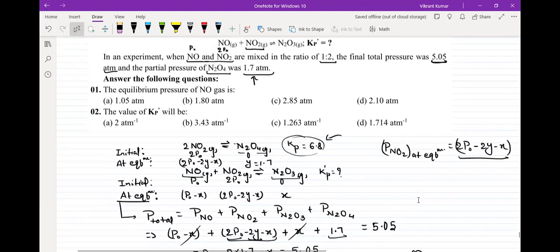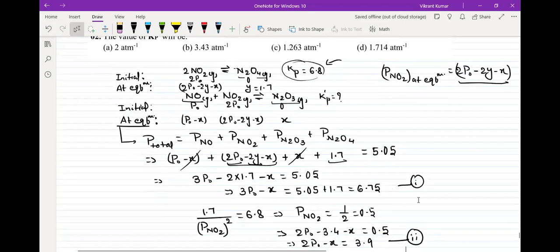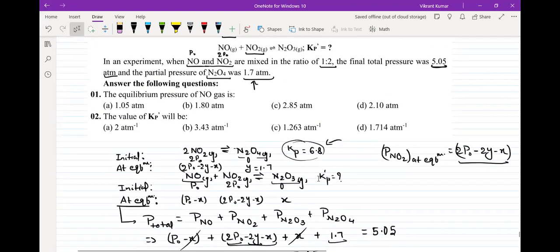With X as 1.8, what is being asked? The partial pressure of NO was P naught minus X. P naught is 2.85, so subtracting 1.8 gives 1.05, so that will be the answer.